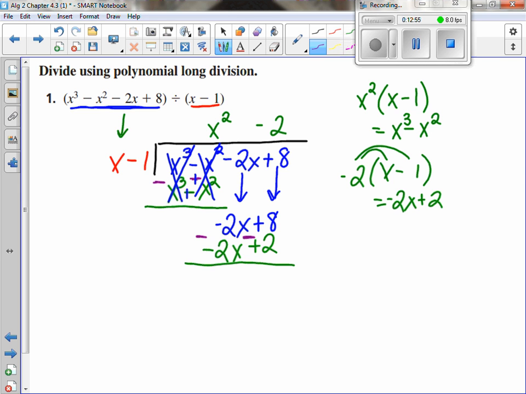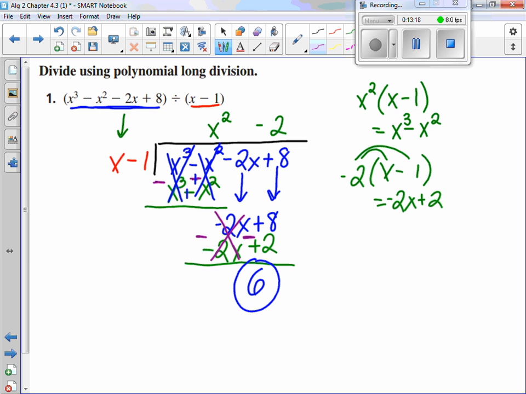Well, negative 2x minus negative 2x, these two will cancel. Is that what we wanted to have happen? Yes. 8 minus 2 is 10. Now we're done.